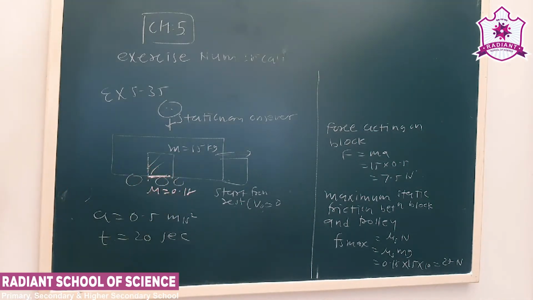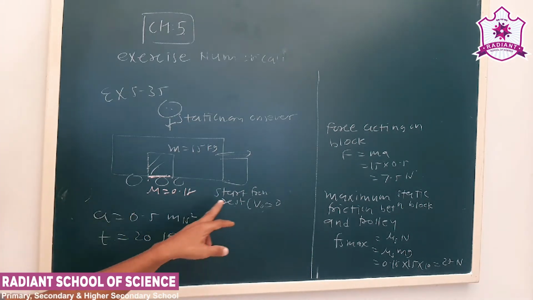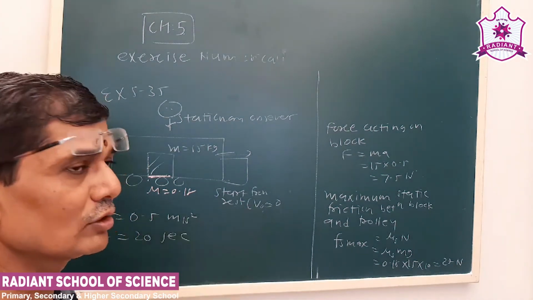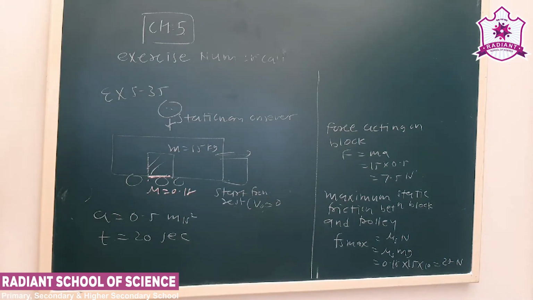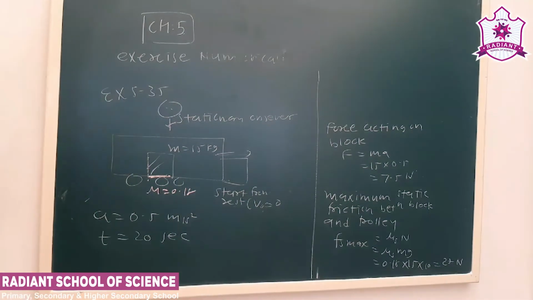Now after 20 seconds, starting from rest, the trolley moves with constant acceleration for 20 seconds. After that, it moves with a constant velocity. That is a part of the question given.